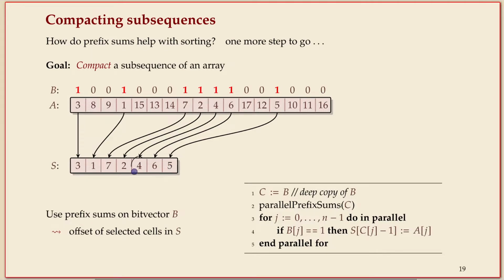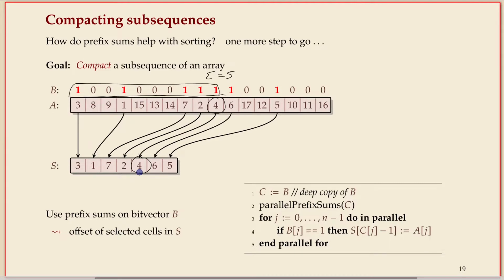Precisely for this 4, say, if we check where it comes from, the position in the array is essentially the number of 1s in b to the left of that point. So we would like to sum up the number of 1s here. If we sum that up, that's 5. And 4 is the 5th element. So apart from the plus minus 1, because we start indices with 0, that's the answer.